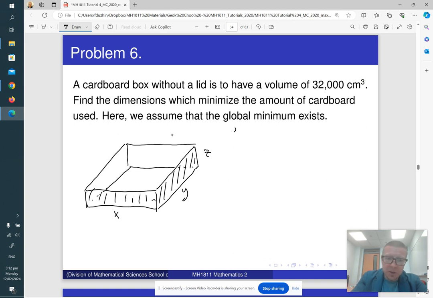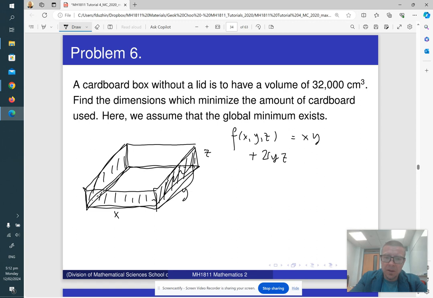So the objective function is f of x, y, z equals the bottom part of the cardboard has area of xy plus there is this area yz, and the opposite side is also yz, so it's 2yz, and by the same logic plus 2xz.